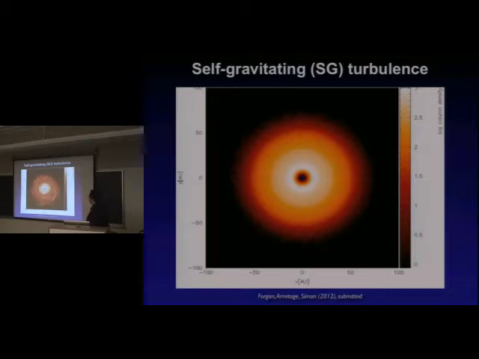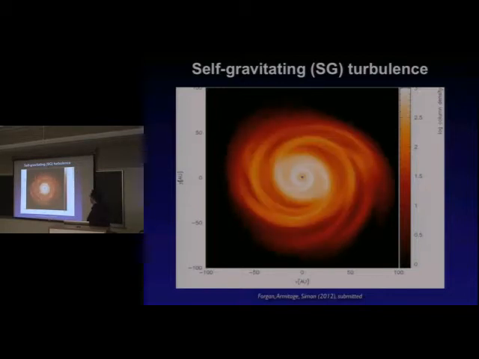So there are a lot of initial transients here, but eventually it settles down into a gravito-turbulent state, where angular momentum is no longer being transported by magnetic fields. It's being transported by the spiral arms, the spiral density waves, and basically the gravitational turbulence itself.